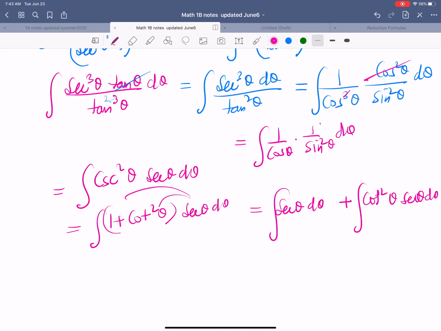Let me write it a bit neatly here: cotangent squared theta, secant theta, d theta. All right, so let's just call them number 1 and number 2. I'm going to evaluate them separately.